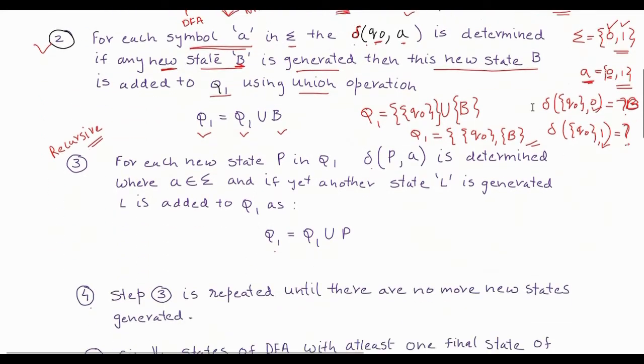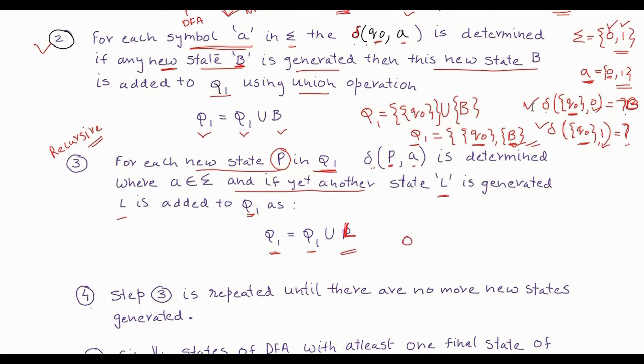You see that Q1, apart from Q naught, which is the initial state, has another state B. For each new state that is generated in Q1, let us call that new state P, del of that state P on A is determined like this: del of P on 0 and then del of P on 1 will be determined. And if yet another state L is generated, L will be added to Q1 as follows. The new value of Q1 will be the old value of Q1 union L, not P.